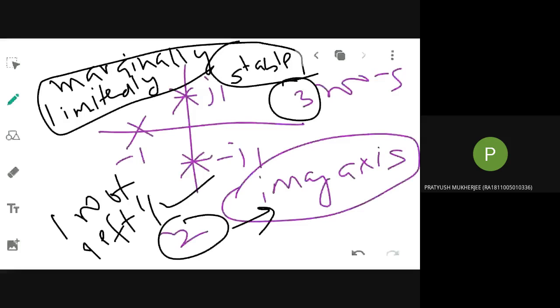You need to write that the system is marginally stable, or limitedly stable. Okay, understood this case?